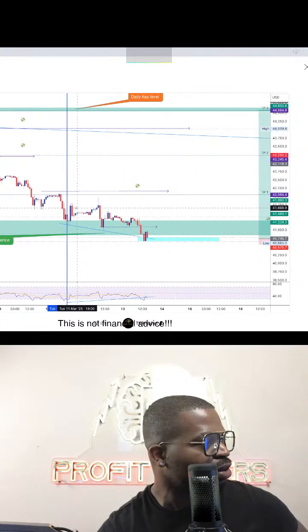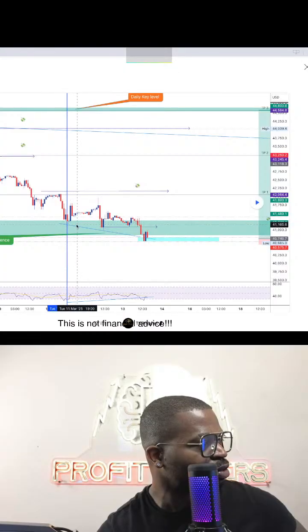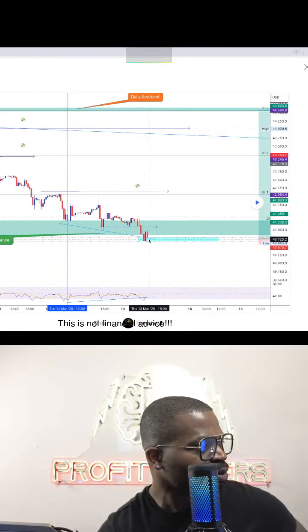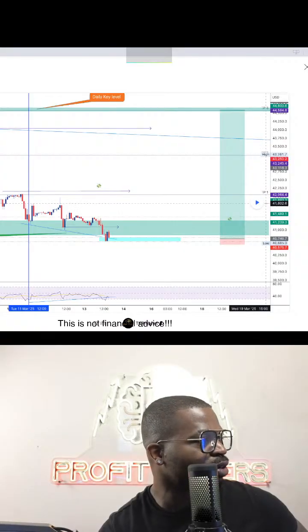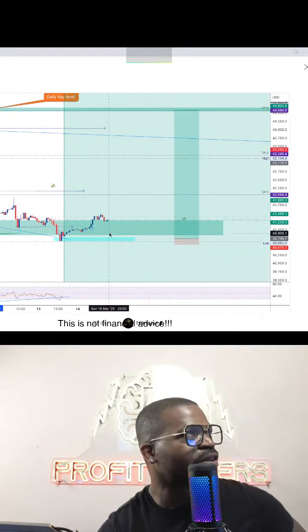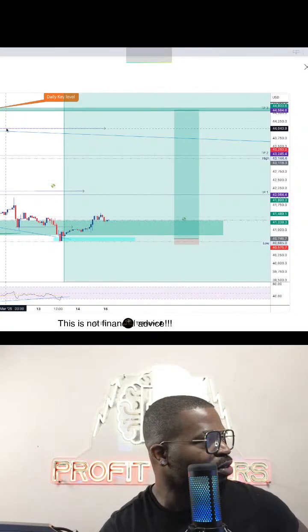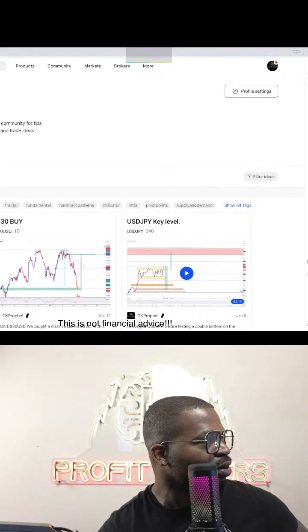Last week, I talked about bullish divergence and price possibly creating lower lows and where we should enter. This was the execution of that entry. So let me play it to show you exactly what happened after we got in. Boom, this thing took off and we went up 700 pips in a couple of hours on that US 30 trade setup.